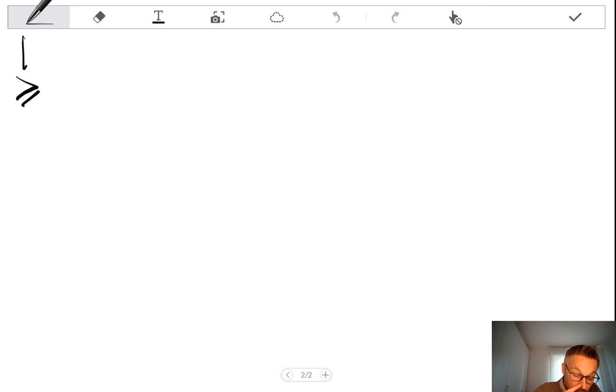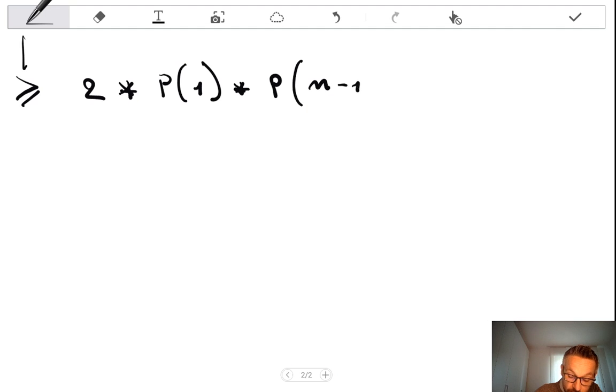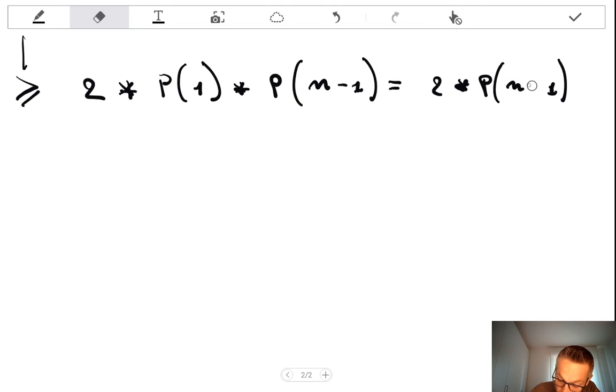So for sure all the terms in that sum should be greater or equal than 2 multiplied by P1 multiplied by P n minus 1, which of course is equal to 2 multiplied by P n minus 1, because we saw in our definition that this is equal to 1.